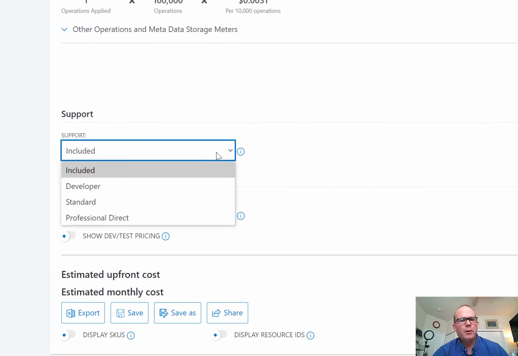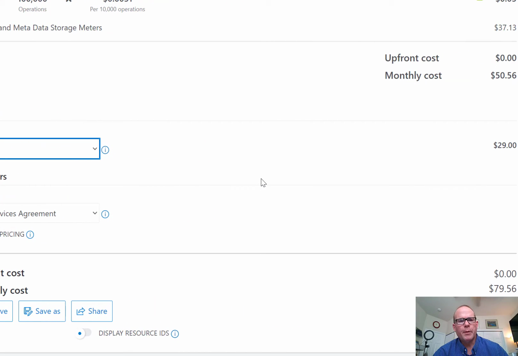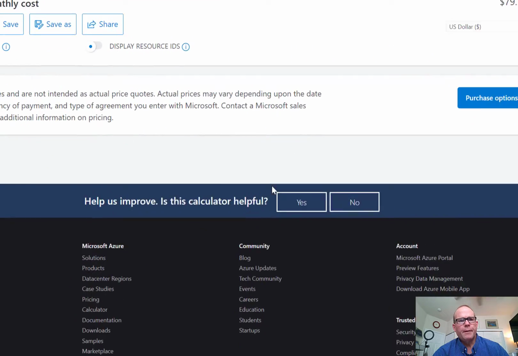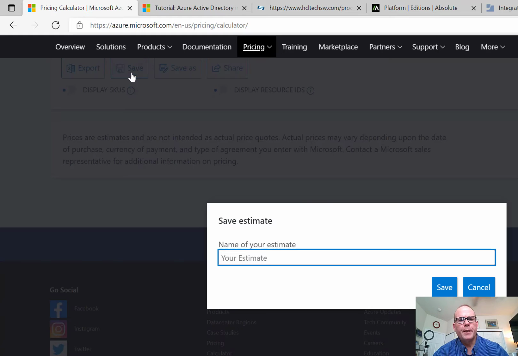And I always include developer support because it might be the best $29 program that you can have. And this I'm just going to save as Gabby. Gabby, this is just blob storage.